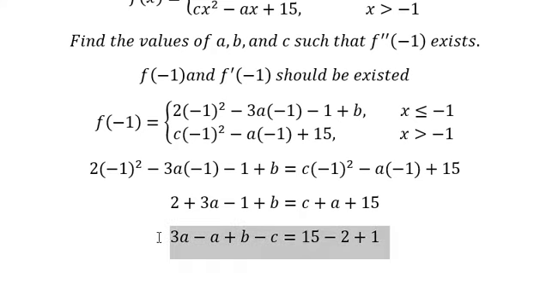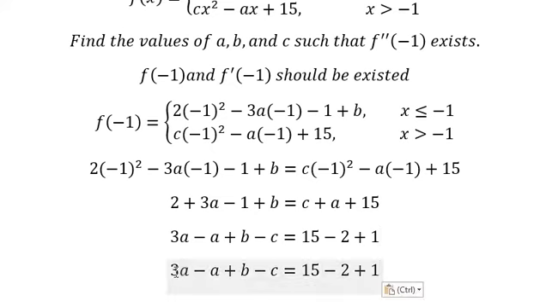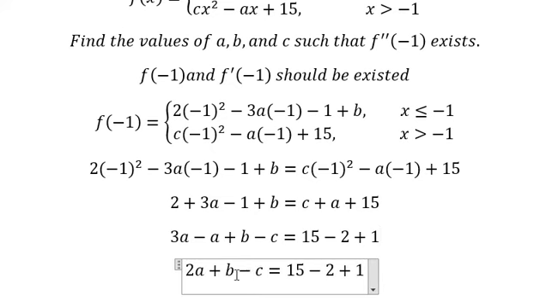So we simplify, and we have 2a plus b minus c equals 14, and we have one equation.